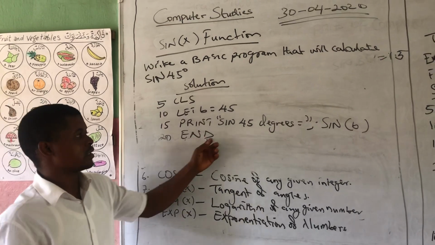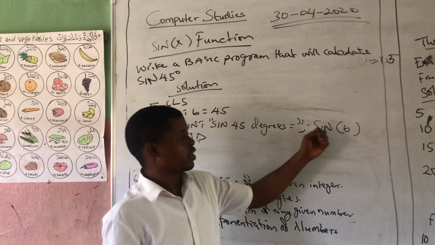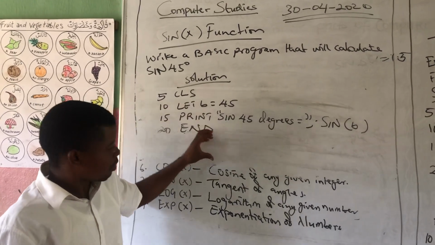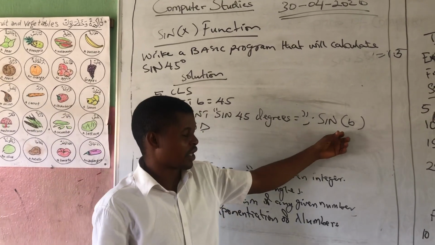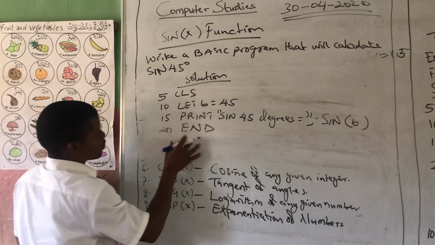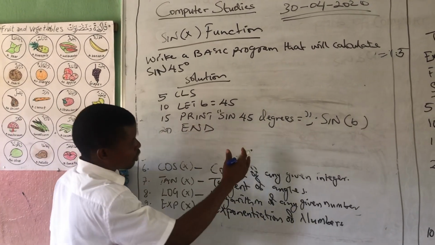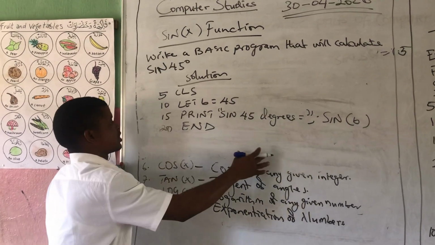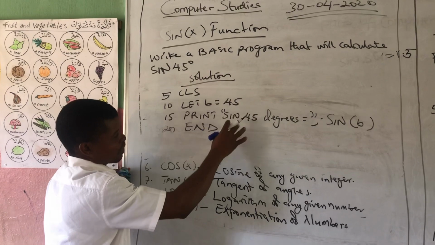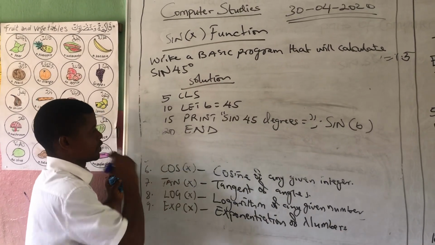What happens is that this value on a calculator will give you in degrees, but on the compiler it will give you the value of sine 45 in radians. So take note, when you run it on your computer, you will get the value in radians, while on your calculator, sine 45 will give you the value in degrees.